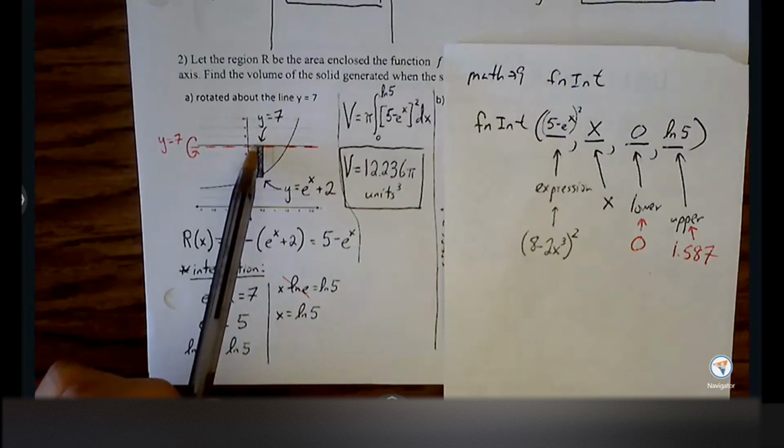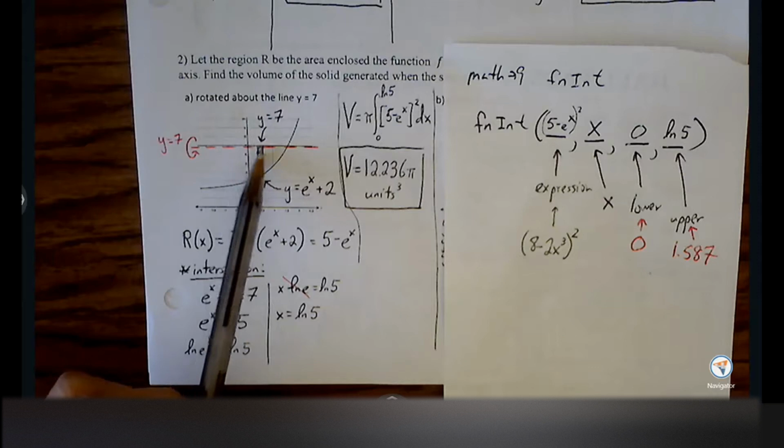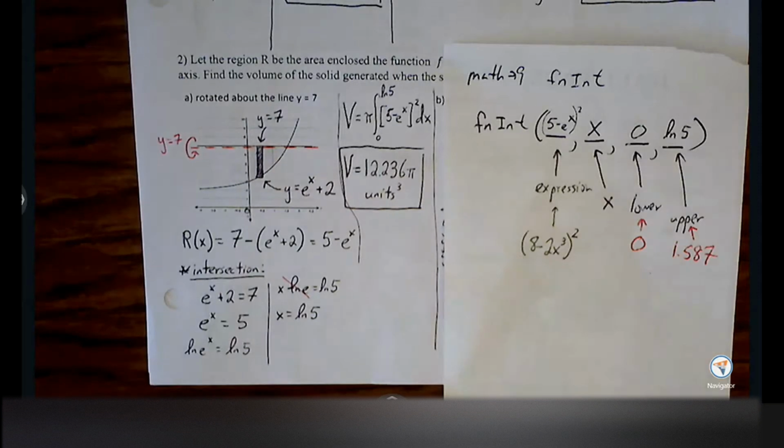I'm going to move in a perpendicular direction to the outer boundaries of my shaded region. And I see I'm dealing with a vertical radius. So with a vertical radius, I know I'm going to have an easier time because the expressions are already set up for me to build my radius.